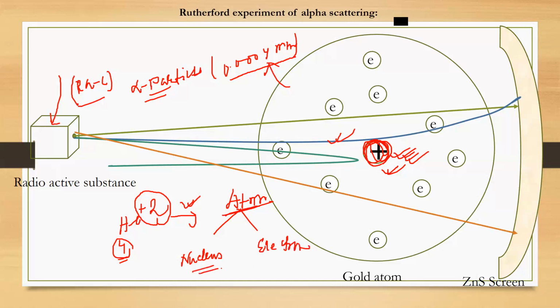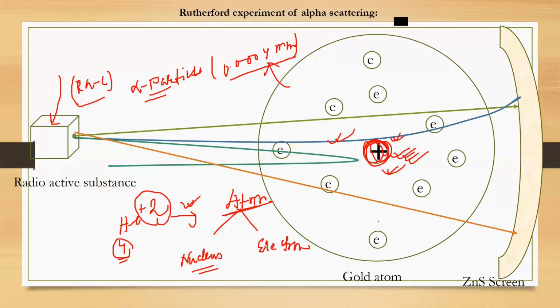What is the nucleus? The positively charged particles and most of the mass of an atom are concentrated in an extremely small volume. We call this region the nucleus of the atom.